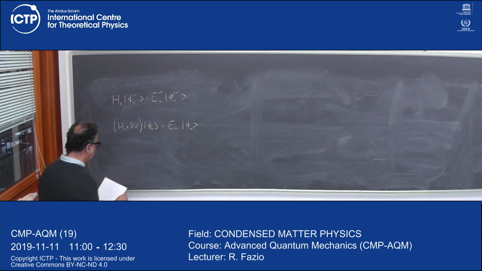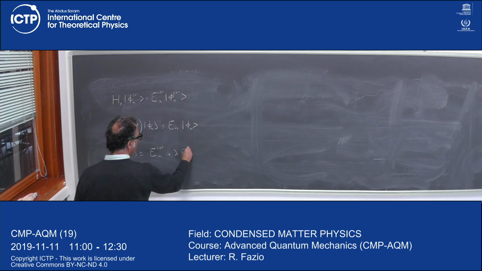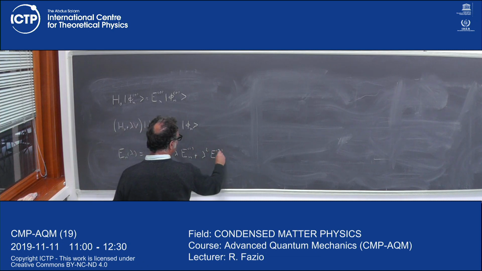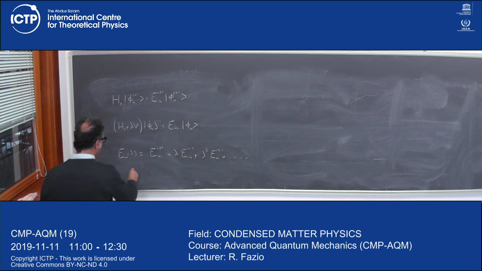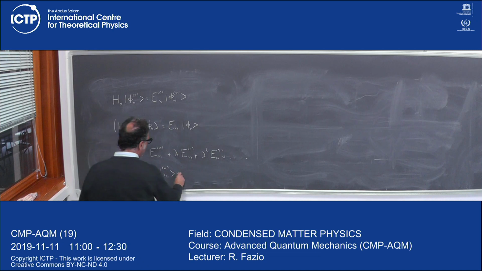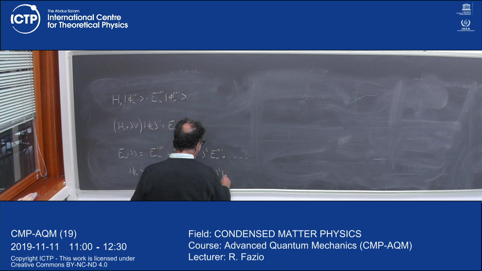Okay? So we just say E n of lambda is just equal to E0 n plus lambda E1 n plus lambda squared E2 n, whatever. And the same way we can write phi n is equal to phi 0 of n plus lambda phi 1 of n plus lambda squared.